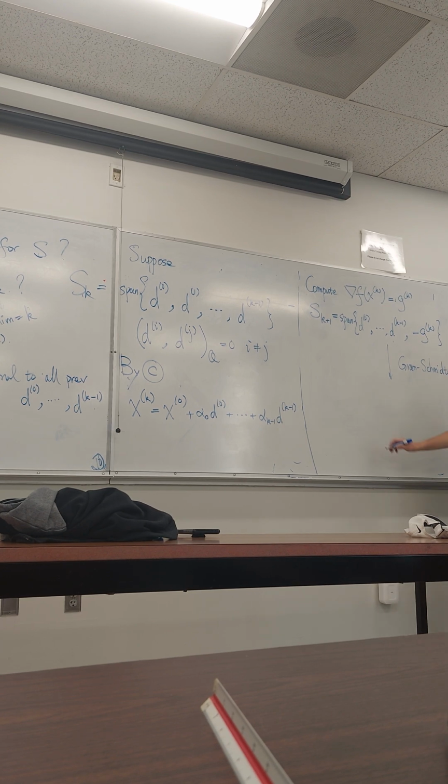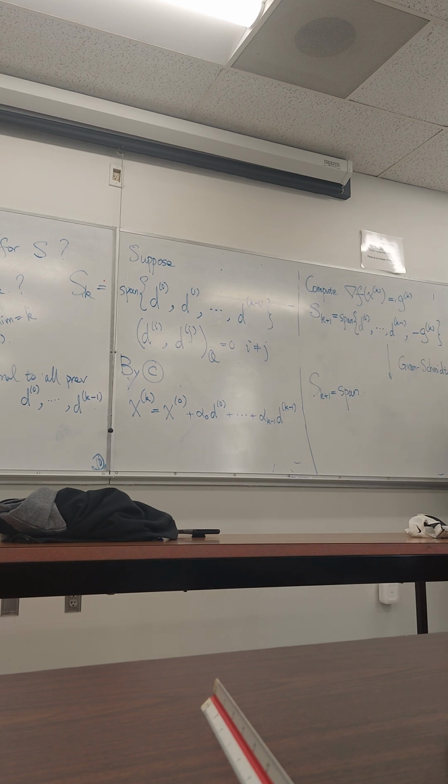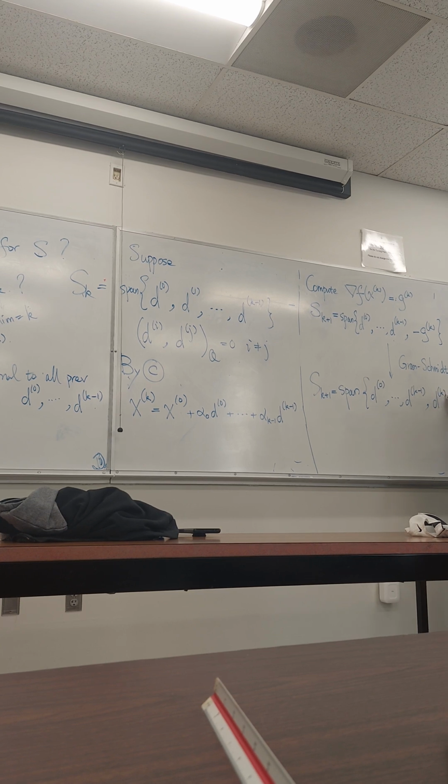So it's the same subspace, but we want to apply Gram-Schmidt to these k plus 1 vectors so that they are orthogonal.